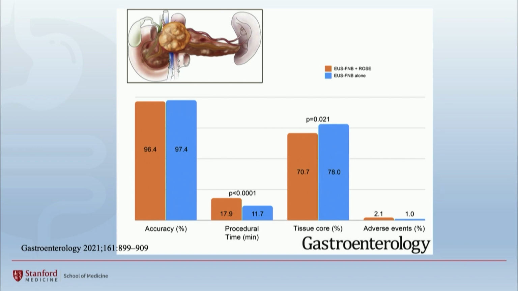So when you're using fine needle biopsies, you don't need ROSE. What's interesting is that tissue core was more when you don't have ROSE available. The reason is we have more tissue available for cell block and not used for smear formation.